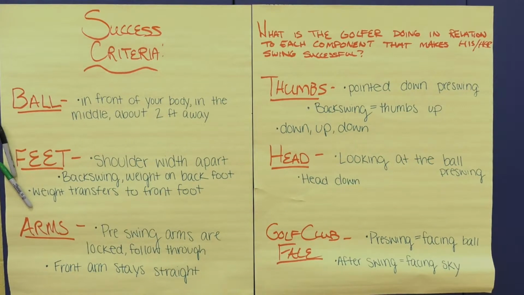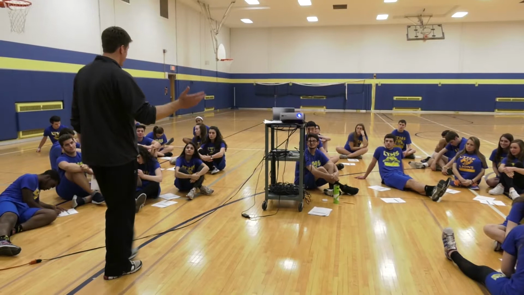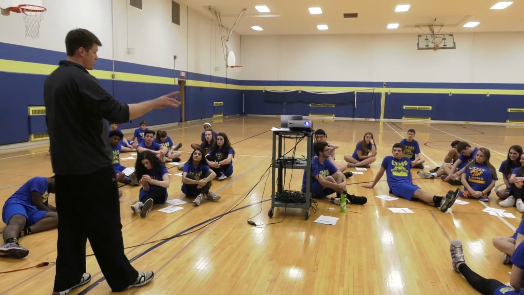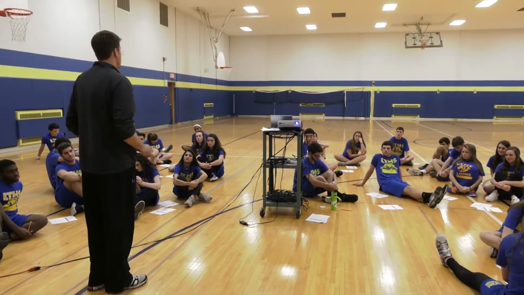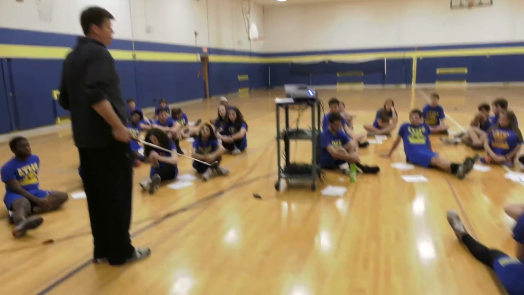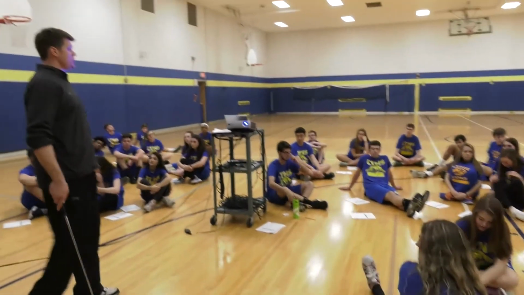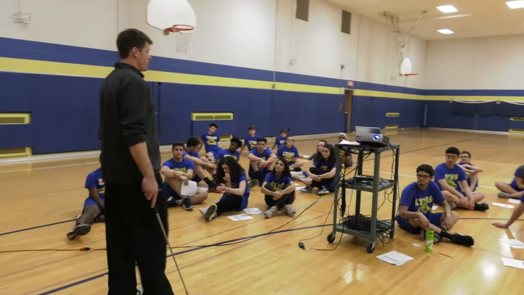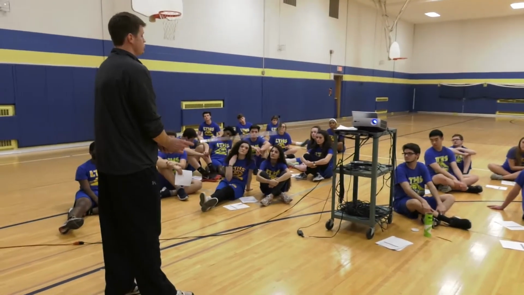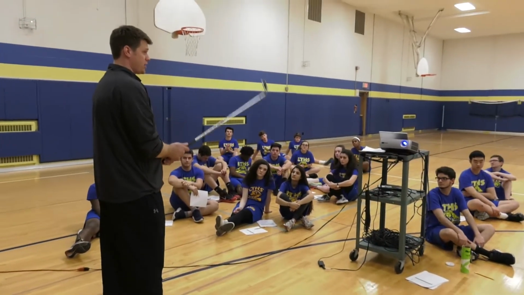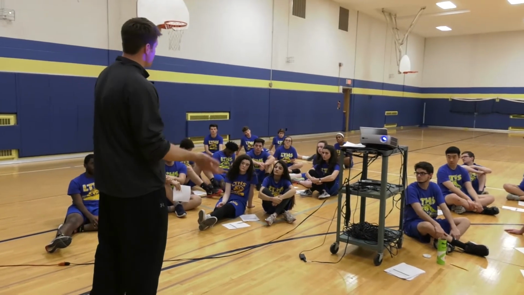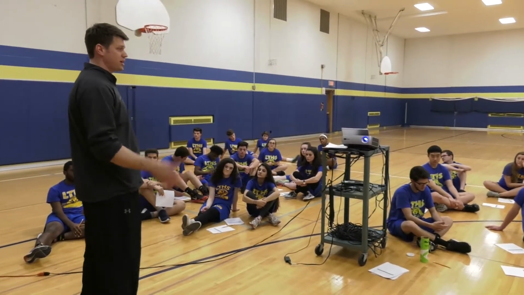Additionally, you will all be able to perform that golf swing physically by hitting a golf ball in the gym as well as on a golf course. All right? Now here's what we're going to do today. Obviously the first component of a golf swing is you need to know the proper grip. You're going to work on the interlocking grip today, and you're also going to have an opportunity to swing the golf club using an interlocking grip.